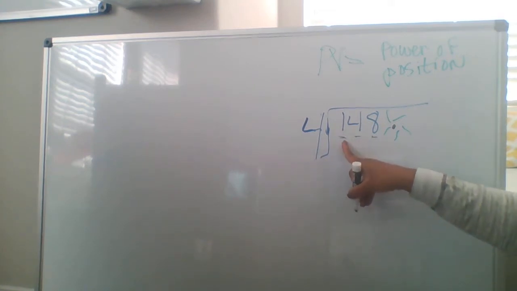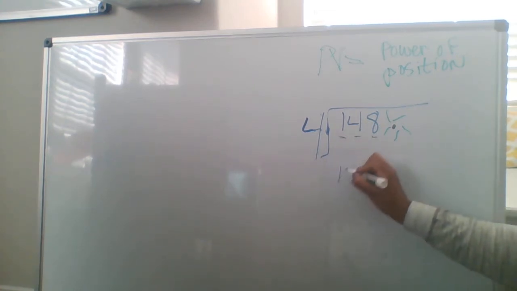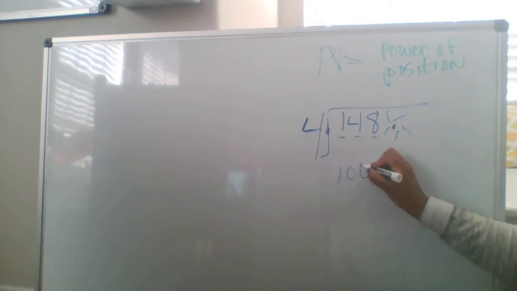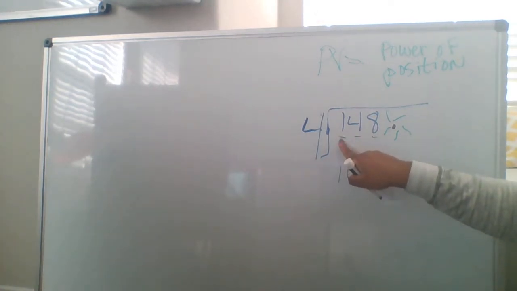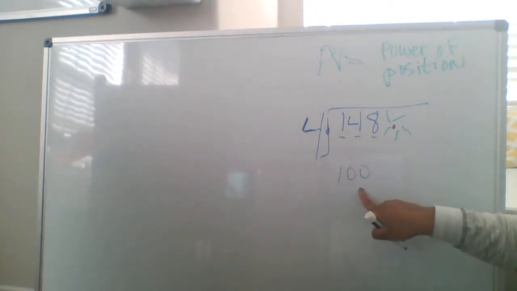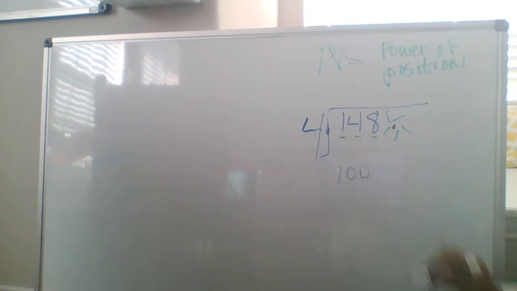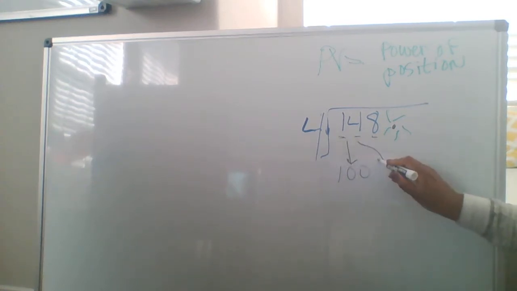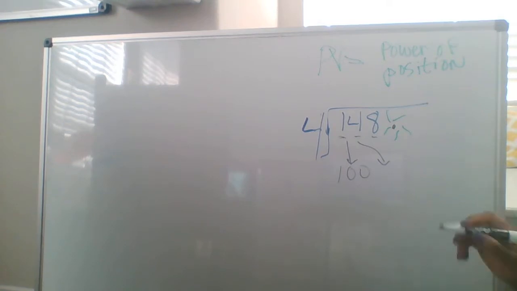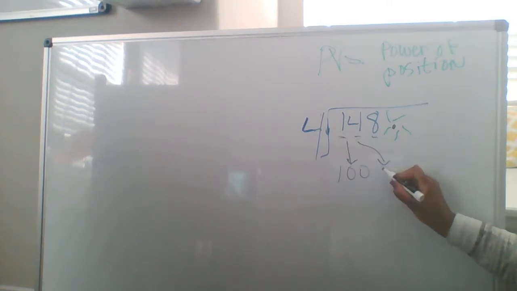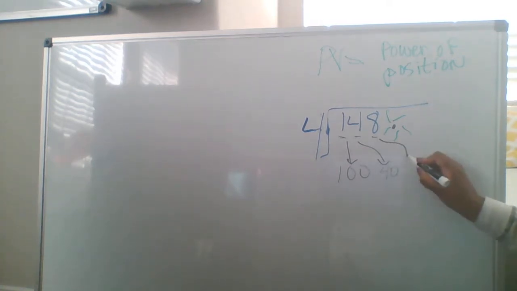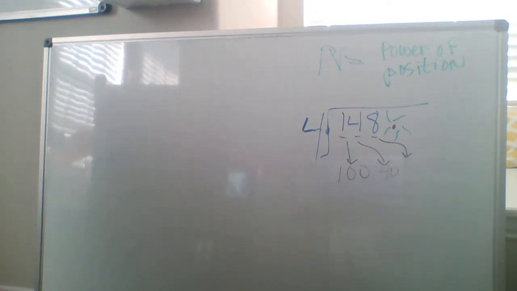What place value, guys, is the 1? It's in the 100s place, right? So 1 times 100 is 100. What place value is the 4 in? The 4 is in the tens place. So 4 times 10 is 40. What place value is the 8 in? The ones place.